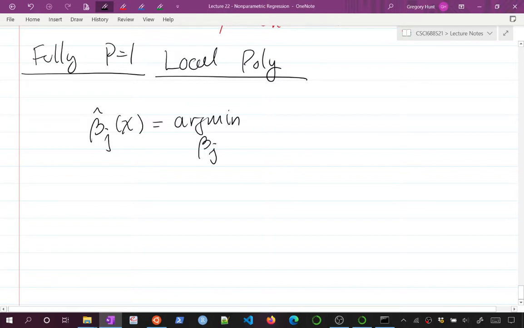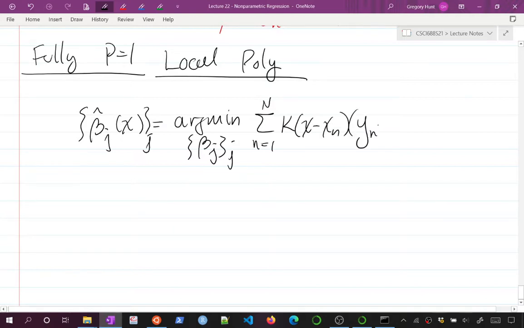We're going to solve this simultaneously, so the collection of my beta j's is basically just a polynomial regression. And we're going to weight, of course, like this. And our loss goes from 0 to whatever the degree d of our polynomial is.